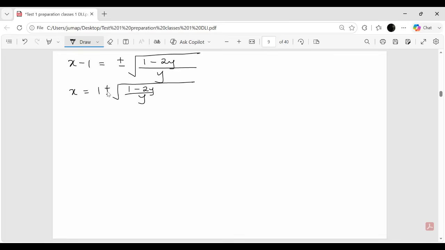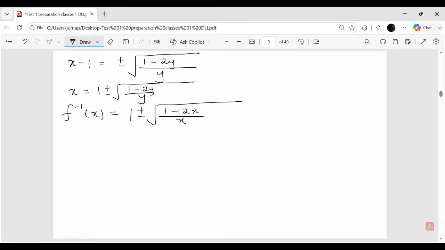So I've solved for the inverse. Since I've solved for the inverse, I'll replace y with x and say f inverse of x is equal to 1 plus or minus the square root of (1 minus 2x) over x. That is what I'm going to have.